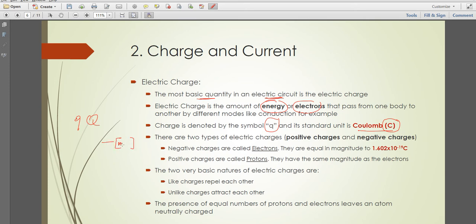It can be millicoulomb, coulomb, or microcoulomb. Mention the unit in your assignments, quizzes, midterm, or final exam.